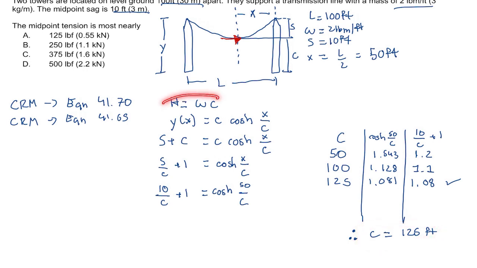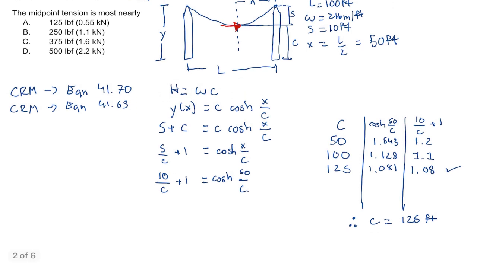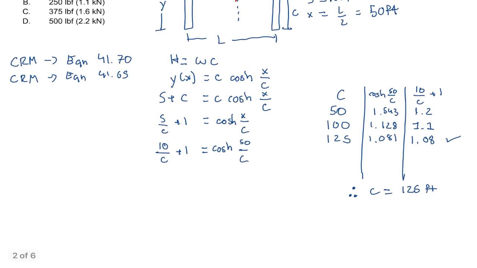We can go back to equation 4170 and solve for H. So the horizontal component of tension in the transmission line is equal to W times C, which is equal to 2 pounds of mass per foot multiplied by 125 feet. We also need to convert it from pounds of mass to pounds of force.